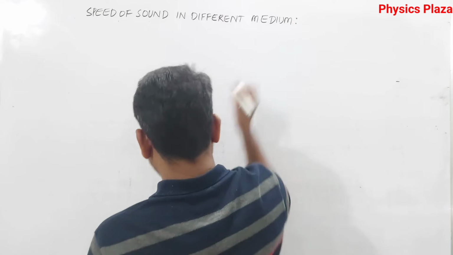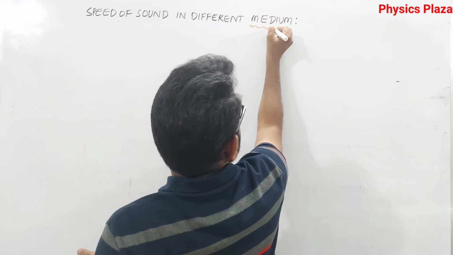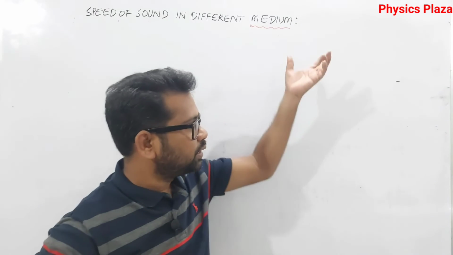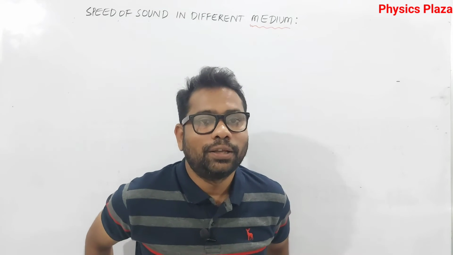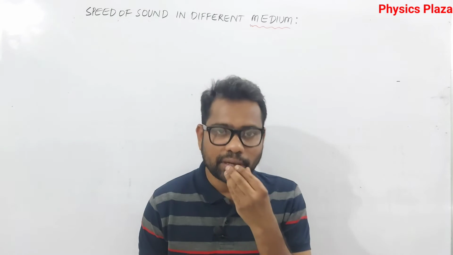Children, as I said, here the medium is very, very important. When I spoke about the agenda, there was one point I highlighted, the properties of the medium through which sound is traveling, which I said we are going to discuss.